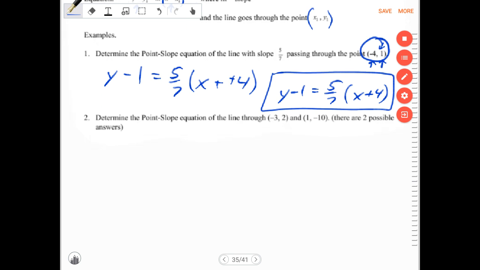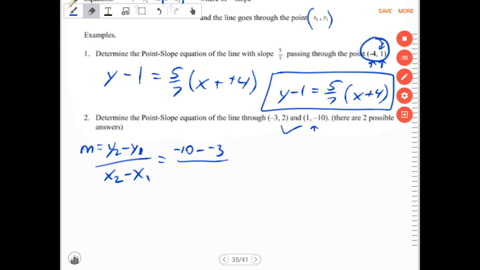For number 2 here, now they're giving us 2 points, so we have to figure out the slope. So slope is y2 minus y1 over x2 minus x1. Sorry, that is horrible writing. That's a 1. Anyways, I usually start with the second point for the 2's. It really doesn't matter. So -10 minus -3. Ooh, minus 3.